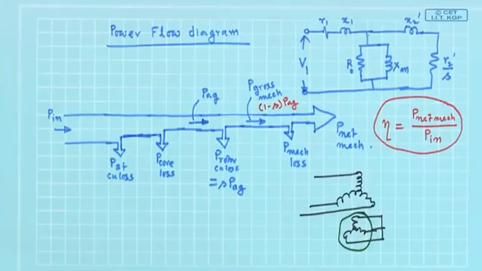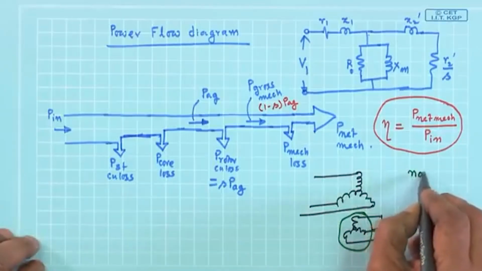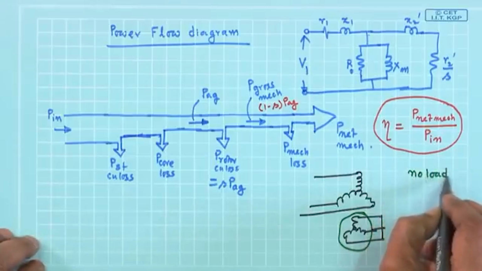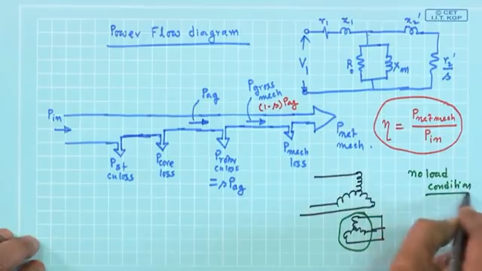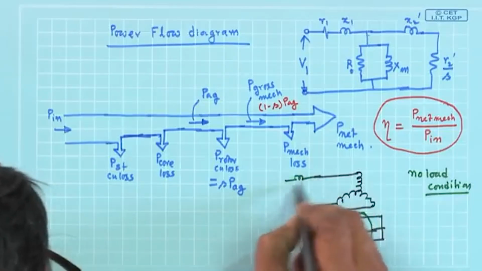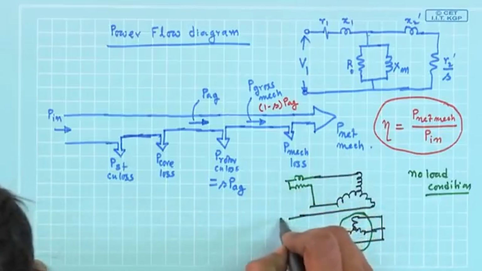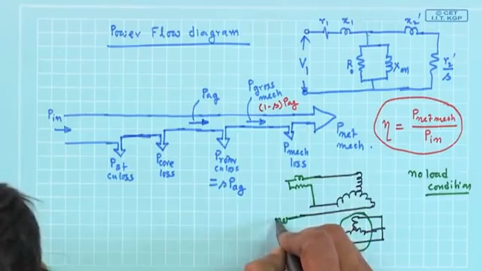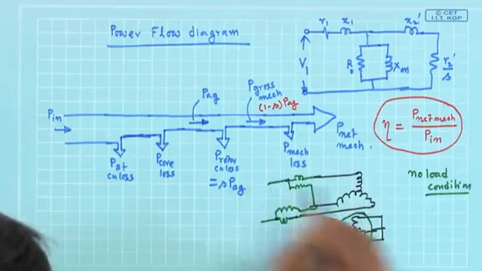First thing is, suppose it is running under no load condition, and suppose you have connected 2 watt meters to record the power drawn, the two watt meter method of measuring power.